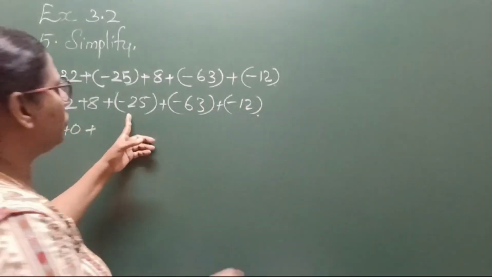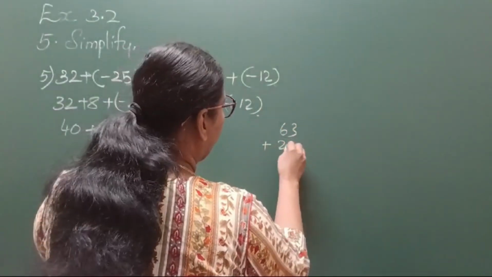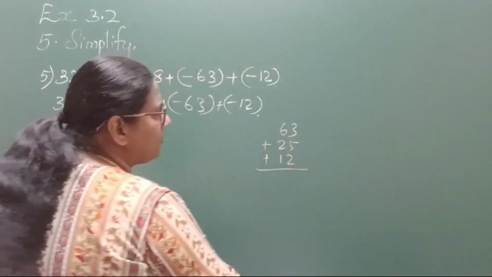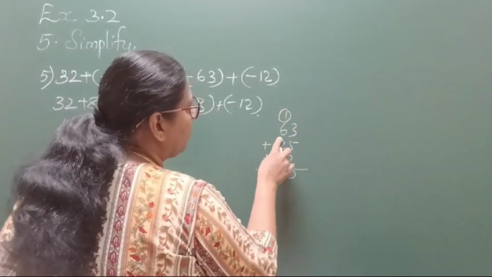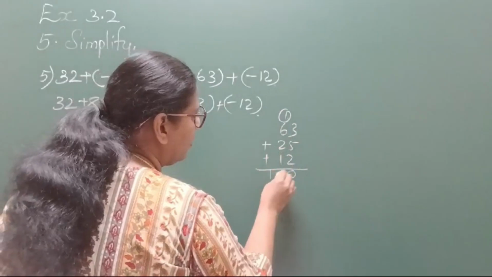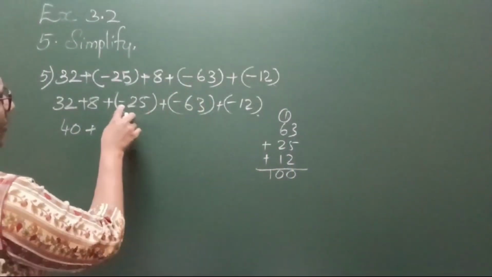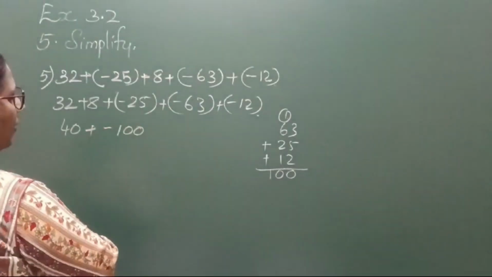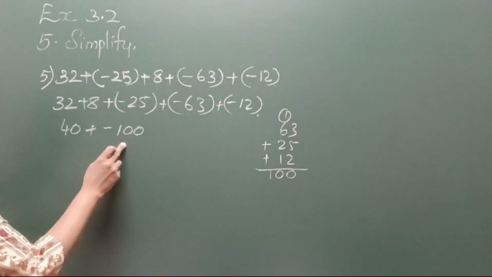Let's do this: 63 plus 25 plus 12. 3 plus 5 is equal to 8 plus 2 is equal to 10. 1 balance. 1 plus 6, 7 plus 2, 9 plus 1, 10. So 100. The common sign is minus, so minus 100. Now since they are two different integers, find the difference.